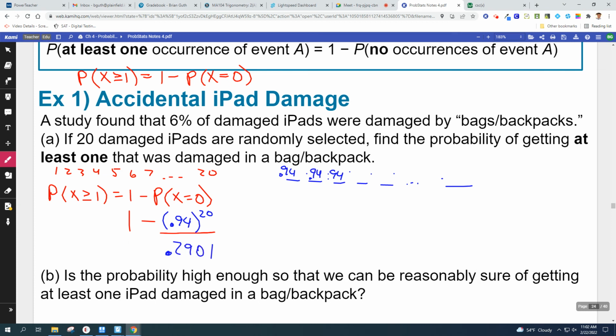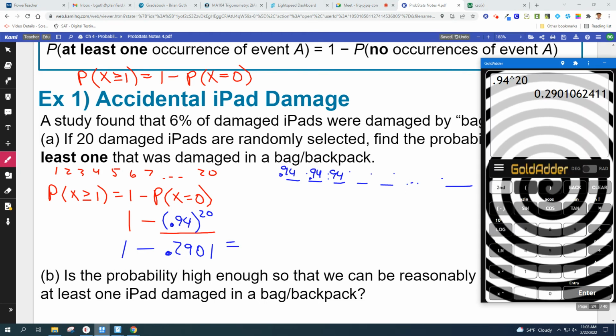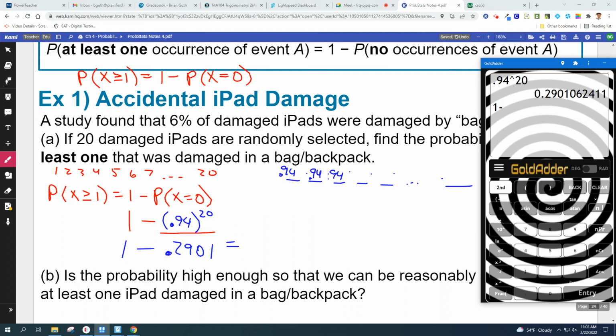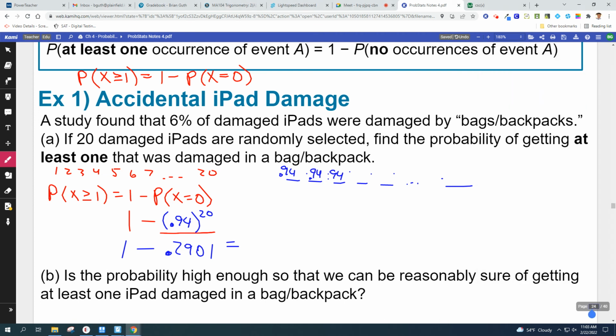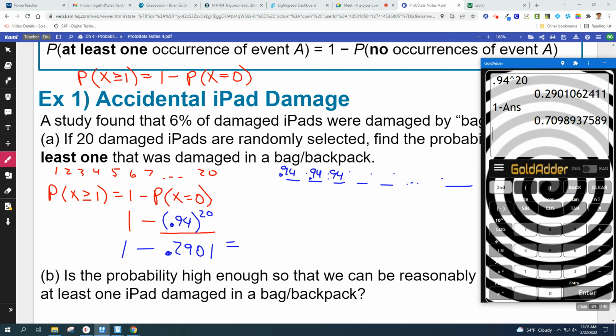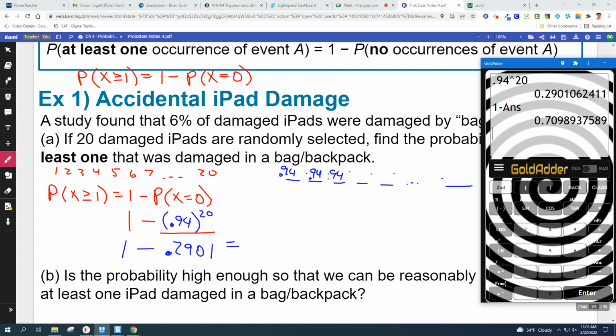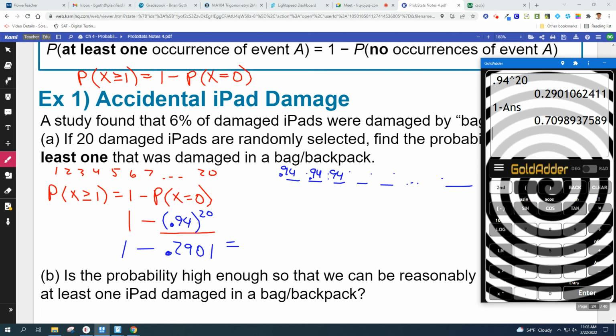So then, if it's not none, at least one means not that. Everything else but that. So we're just going to take 1 minus that number. 0.7099 or so.